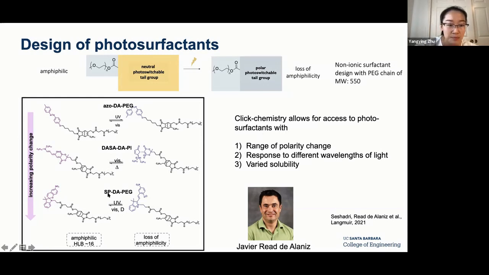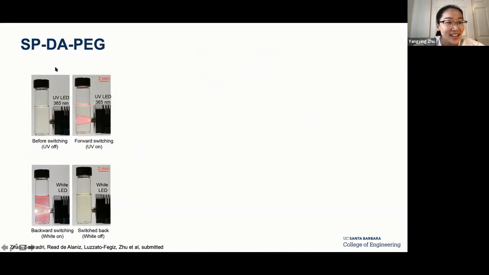So we use this surfactant, and what's neat about it is that as it goes through the switch, it also has a color change. That allows you to visibly see that I've introduced a switch. This is before switching, and we have this surfactant, I believe in water.